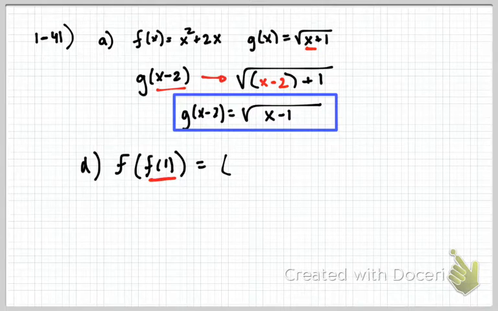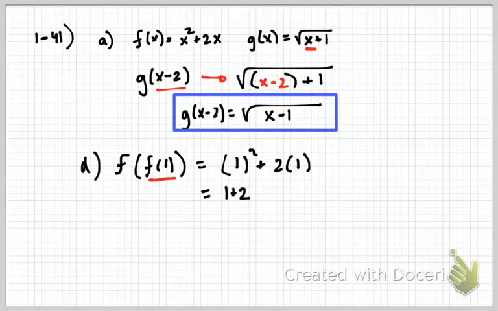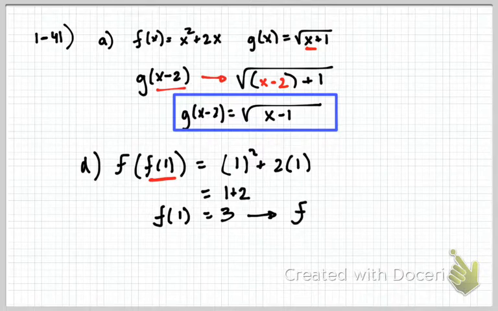So our input's 1, so it'll be parentheses squared plus 2 times parentheses. 1's your input, so we get 1 plus 2, which equals 3. So g of 1 is equal to 3. Now we need to find f of 3.